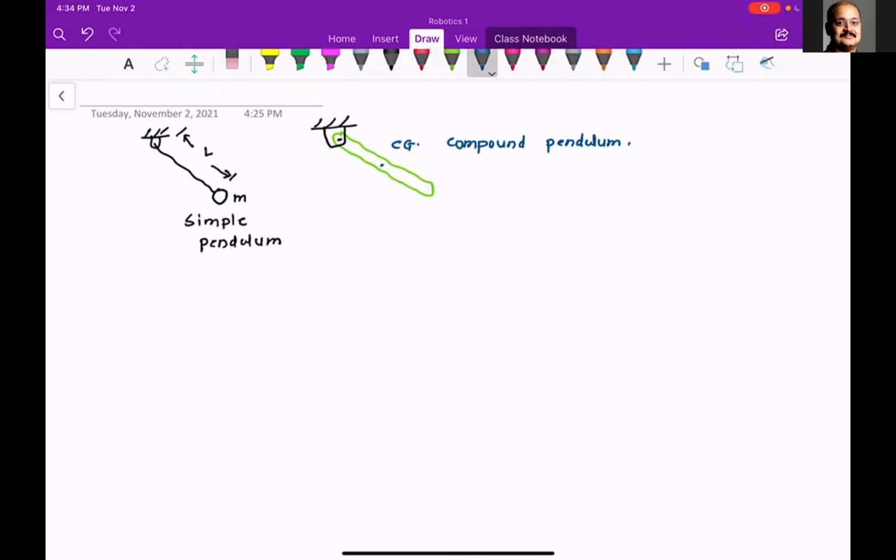If you compare that with the simple pendulum, the mass is located at distance L. Now, we talked about mass moment of inertia, where I is mass moment of inertia.